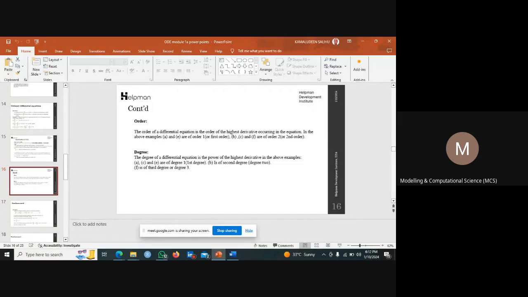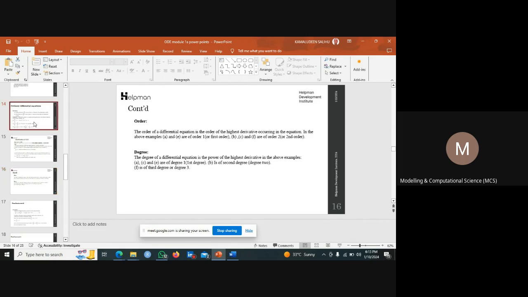Order is the highest derivative, while the degree of a differential equation is the power of the highest derivative. You have to go to the highest derivative first, then you check the order before you can check for the degree. Like in our example, A, C and E are of degree 1.